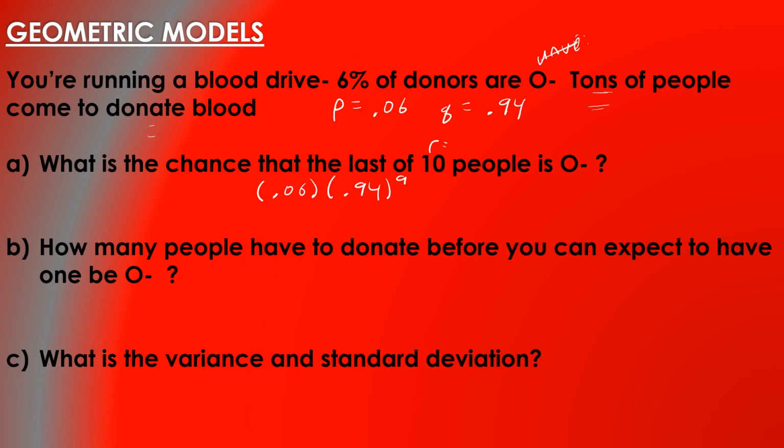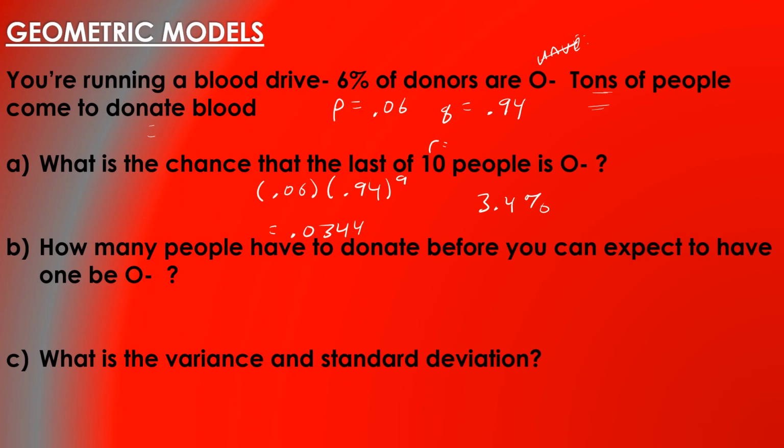So we'll put this in, and I get 0.0344, so 3.4% chance that the 10th person is O negative.